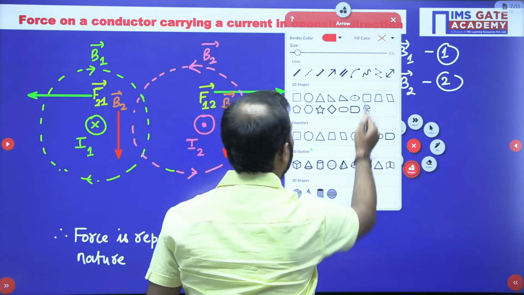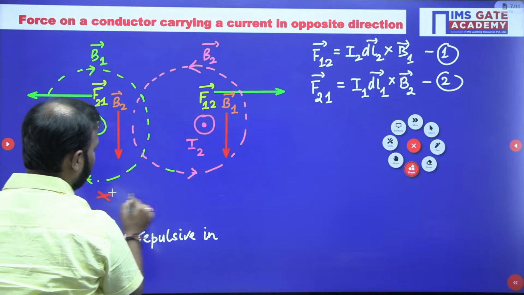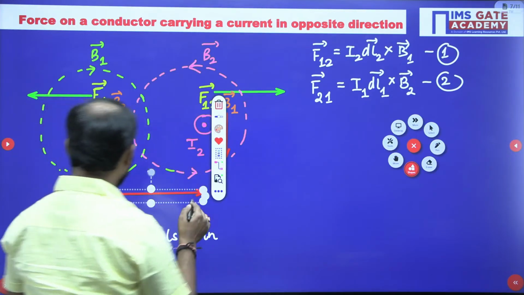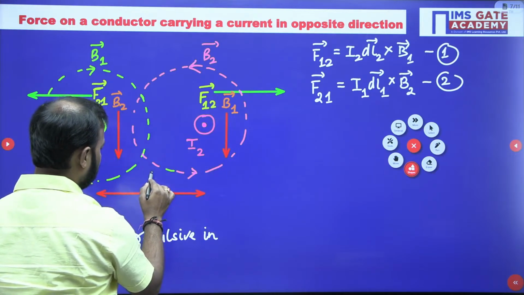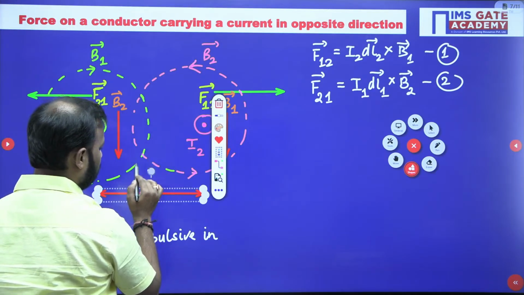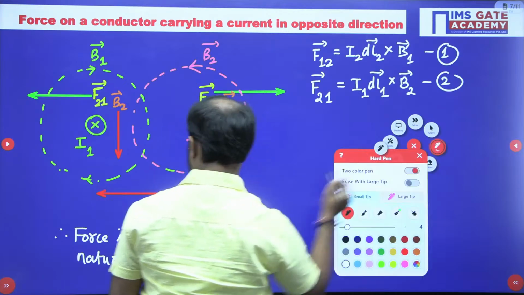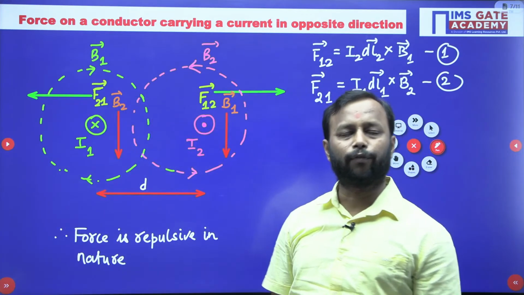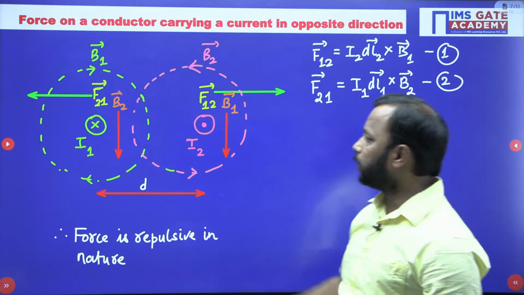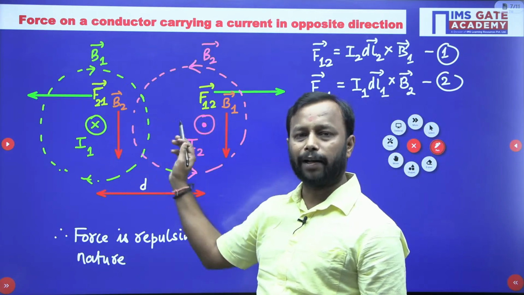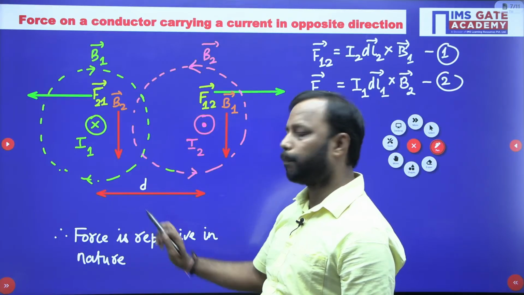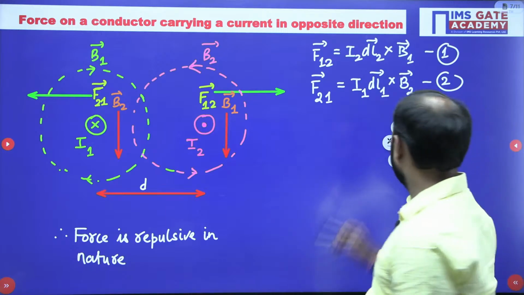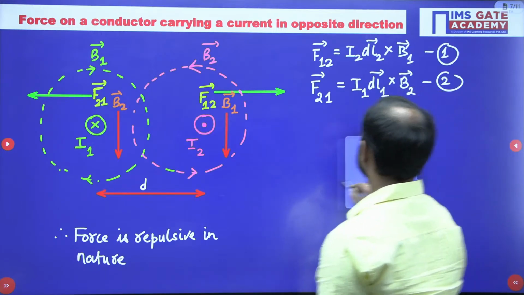Therefore we can say that when the current is flowing in the same direction, it will have a force of attraction. When the current is flowing in the opposite direction, it will have a repulsive force. Okay? Let us find the magnitude.